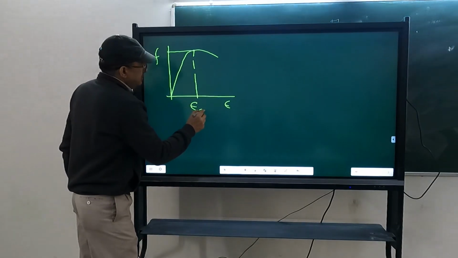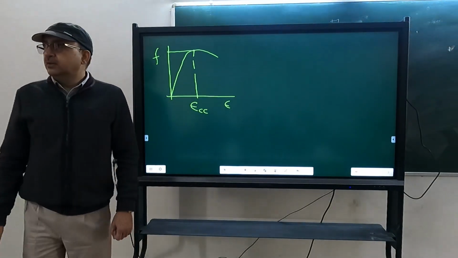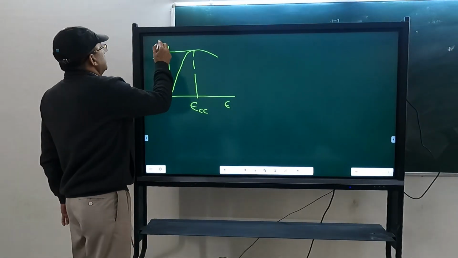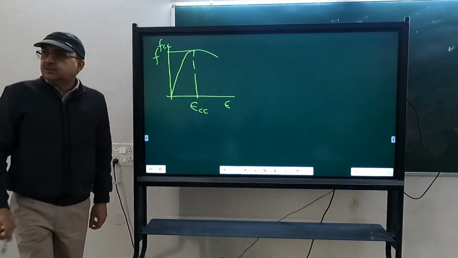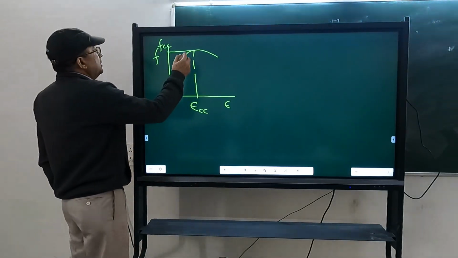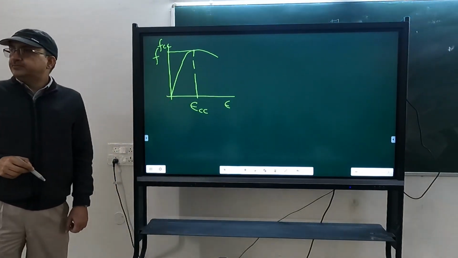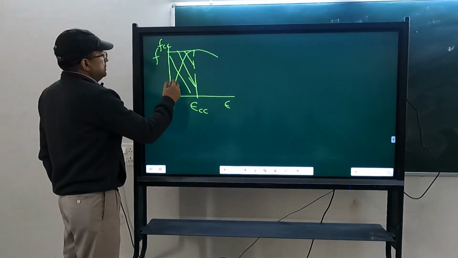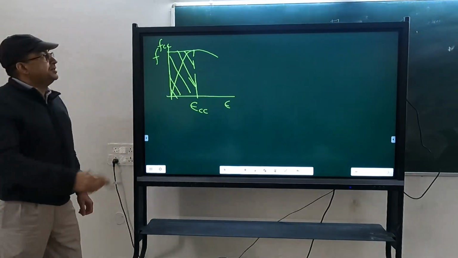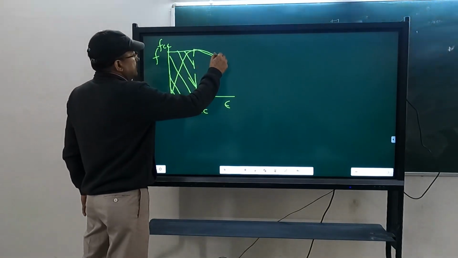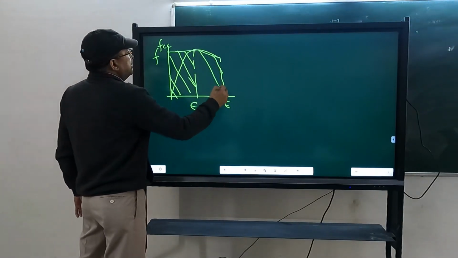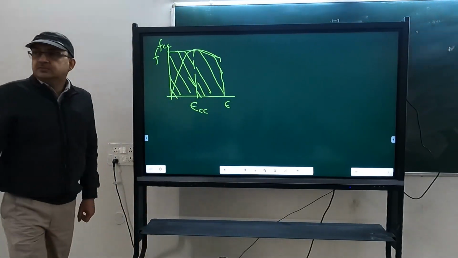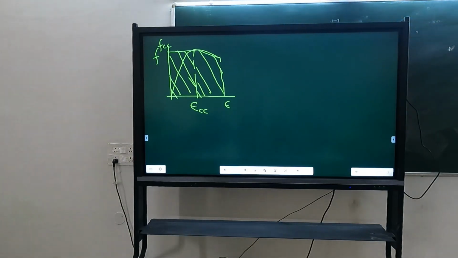We call it epsilon cc, and this peak stress also. What you can do is, this you can assume to be parabolic and take 2/3 of this rectangle, and this you can assume linear, and you can calculate this as triangular. So that is simple.